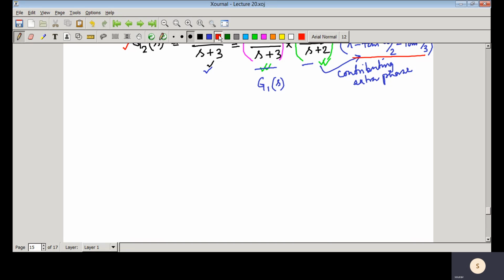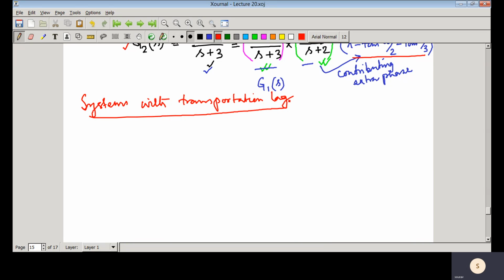So now we'll go to another important concept, that is systems with transportation lag. This particular topic is actually from mathematical modeling of dynamical systems, and here I am just discussing it to give you the idea.